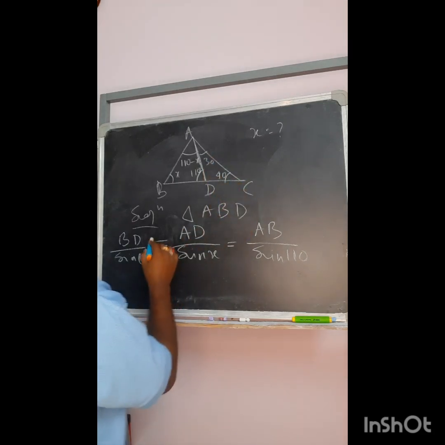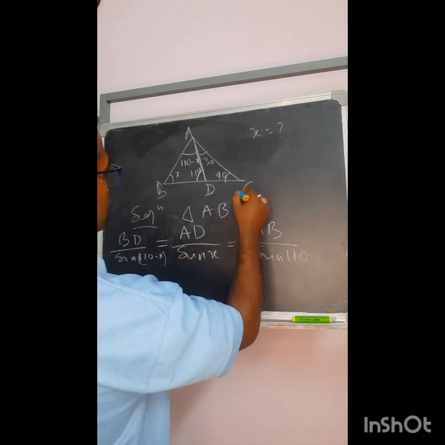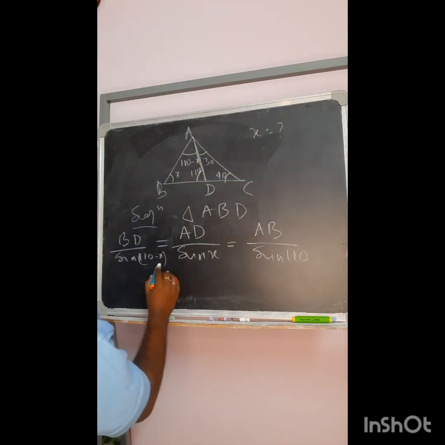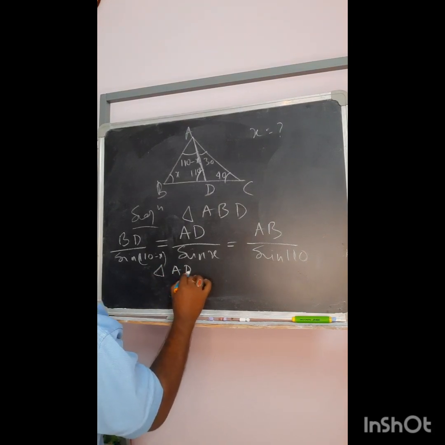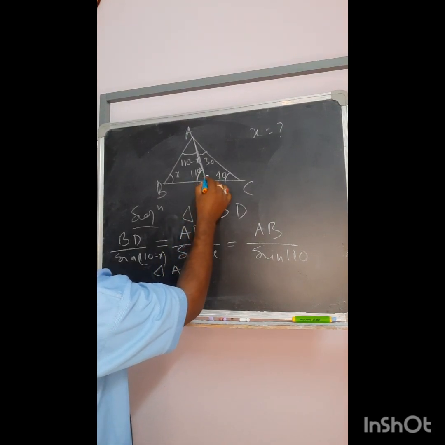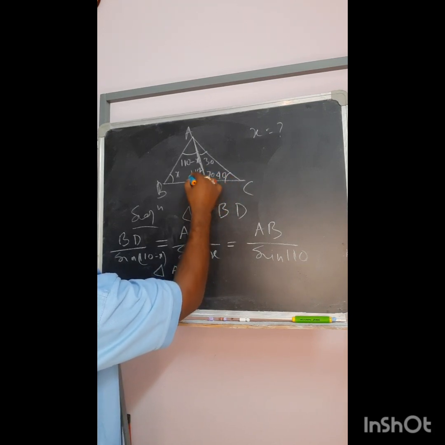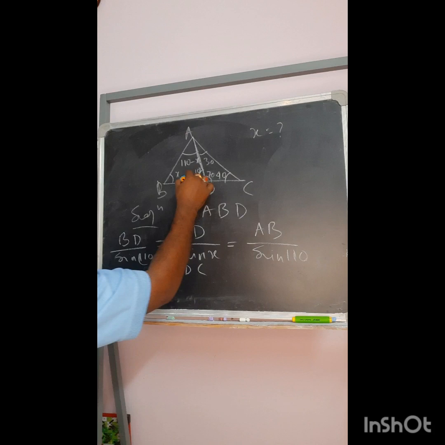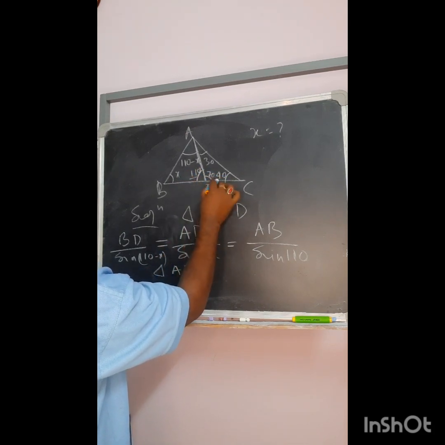Another triangle I am taking is triangle ADC. Here this angle will be 70, obviously, because it is the supplementary angle of 110, and the total is 180.